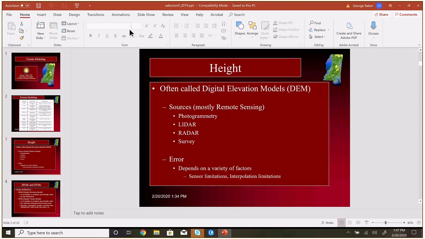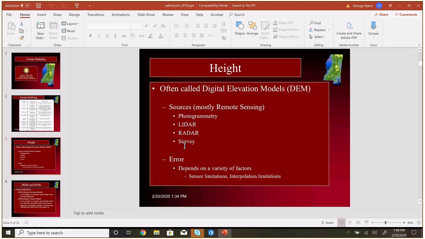So a LiDAR instrument sends out thousands of pulses per minute as it's mounted on either a UAV, an unmanned aerial vehicle, or an airplane. Those pulses are directed toward the ground, and it uses those returns to turn that into a digital elevation model. At first, it's just a bunch of points. So that's another source of elevation data.